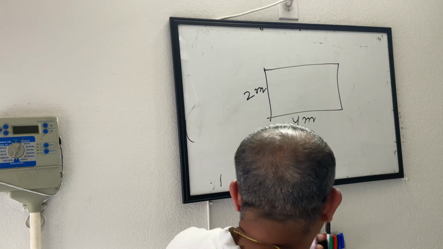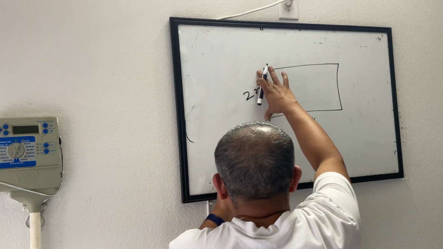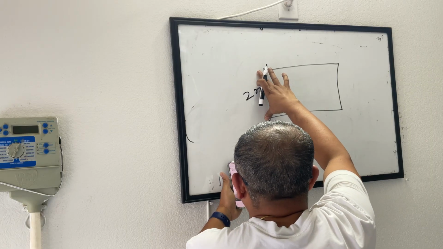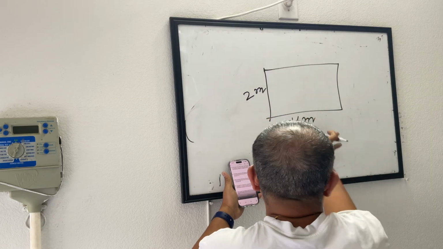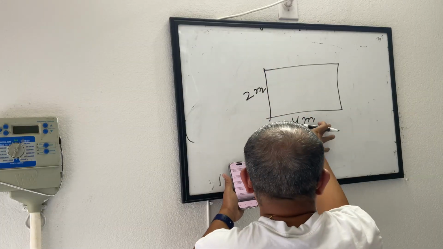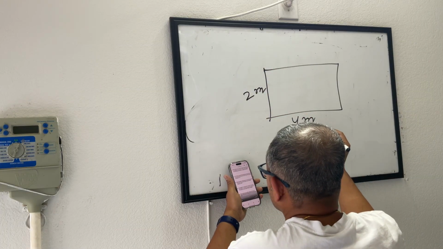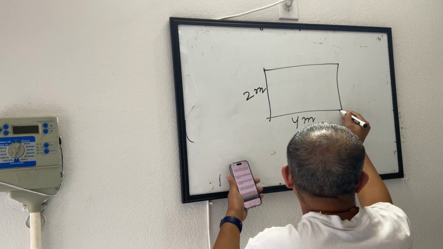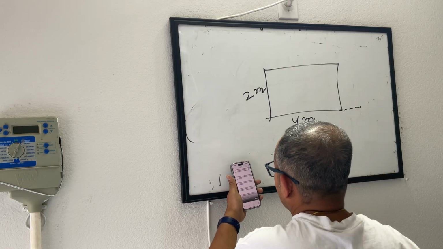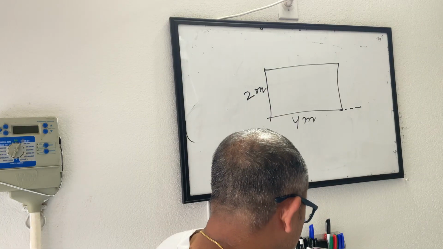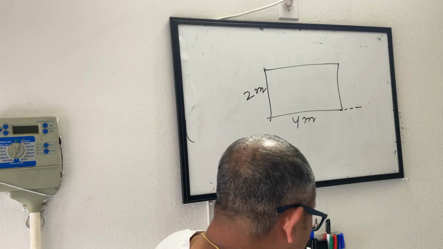So this is the width, okay, 2 meters tall, 4 meters wide. If its width is enlarged to 5 meters without changing its perimeter, then find the new length of the rectangle.